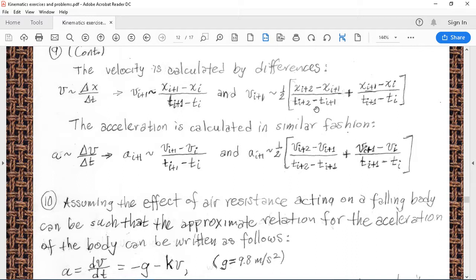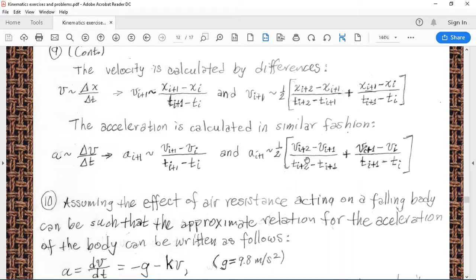That denominator will be equal to 1/2 of t(i+2) minus t(i), which means that, simplifying and canceling out the halves, v(i+1) can also be calculated as x(i+2) minus x(i) over t(i+2) minus t(i) when the time differences are equal.